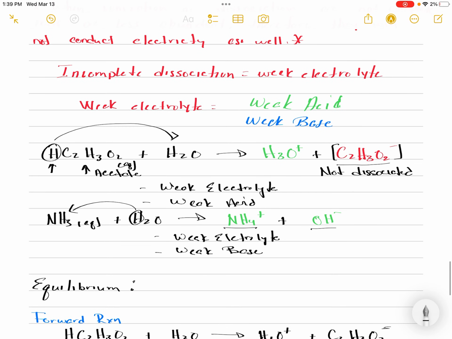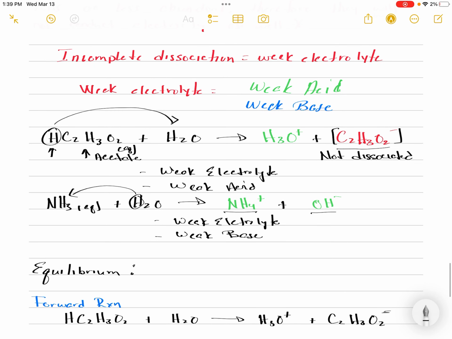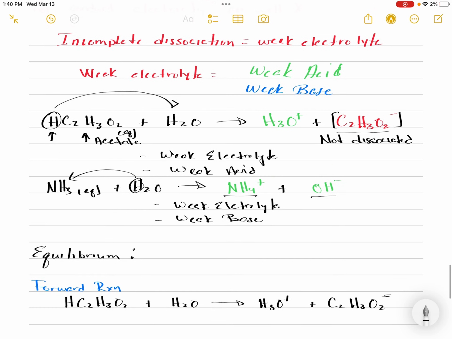Now, as ions continue to form, eventually you're going to have a lot of ions. As those ions continue to form, they're going to start crashing into each other, and it's going to start to reform the acids. So you have a couple of reactions that happen. The forward reaction, for example, is acetic acid reacts with water to form a hydronium ion and the acetate ion.